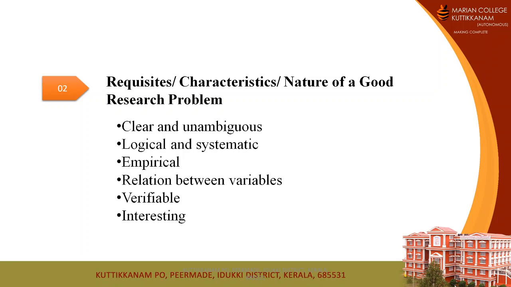The third one is that it is empirical. That means it should be verifiable by observation or experimentation. Moving to the fourth one, it should be able to establish the relationship between variables. The fifth one is that it should be verifiable, and the last one is that it should be something interesting.